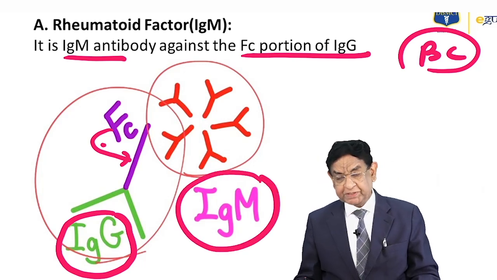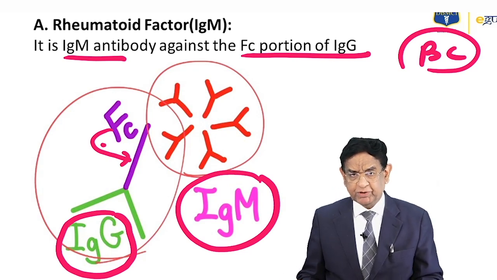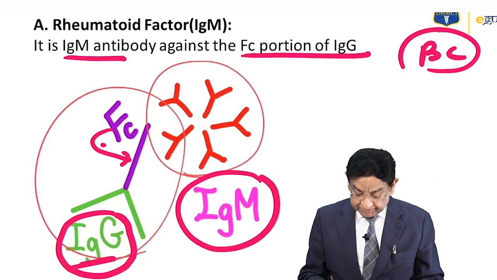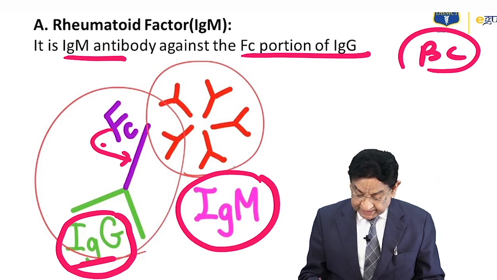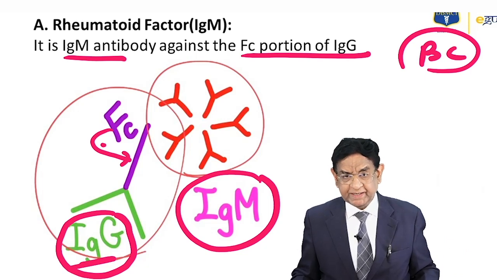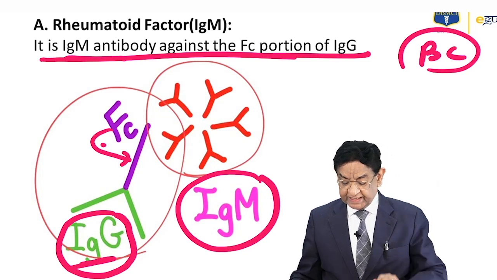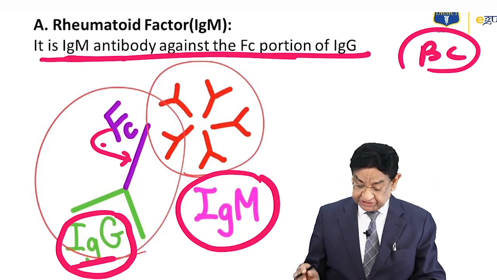So keep this picture in your mind as a blueprint: IgG antibody has an FC portion, and you are getting antibody against the FC portion, the so-called IgM antibodies. So they are IgM antibodies against the FC portion of the IgG.